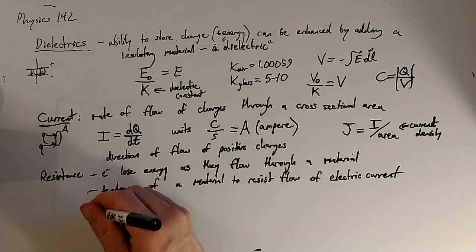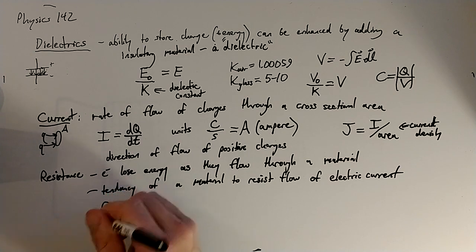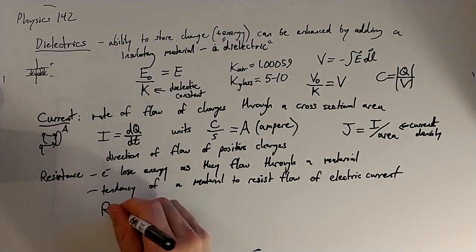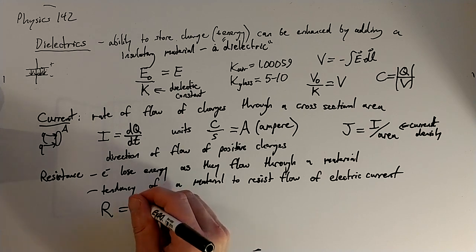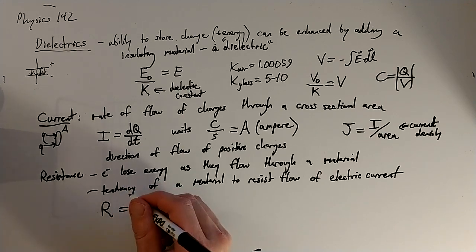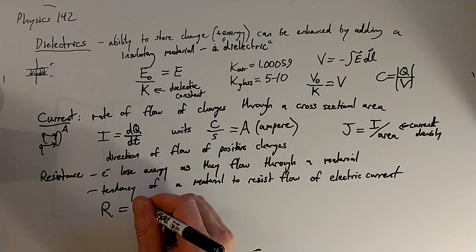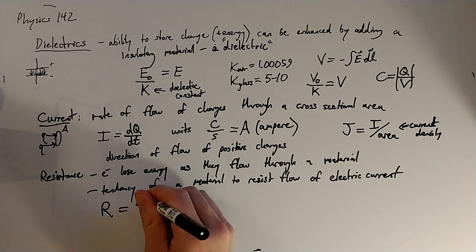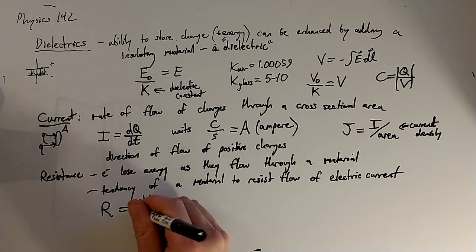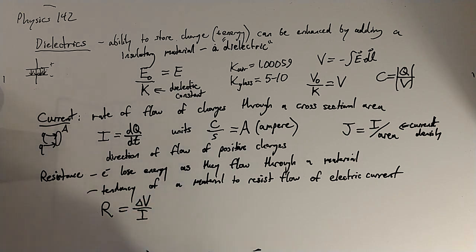Mathematically, we use the letter R for resistance. We need to think about how much energy gets lost, but it's not exactly energy. When we're thinking about currents, rather than energy, we think about electric potential, right? Energy per charge. So it's however much energy you lose per amount of current that you let flow through the object.